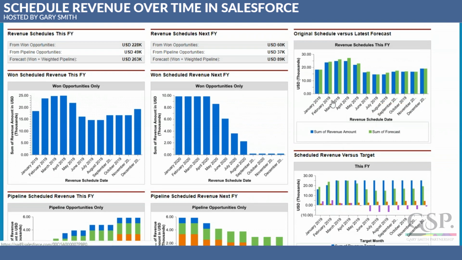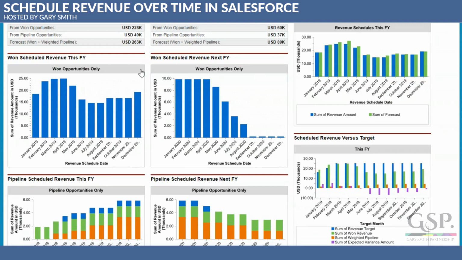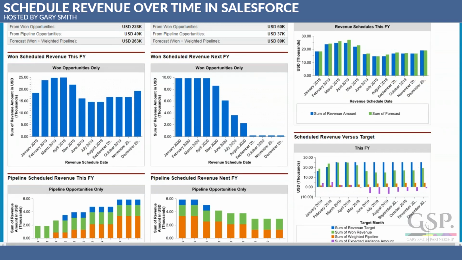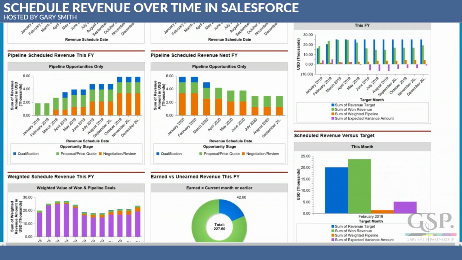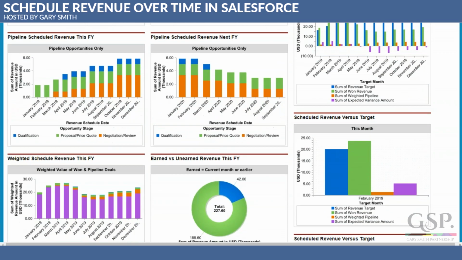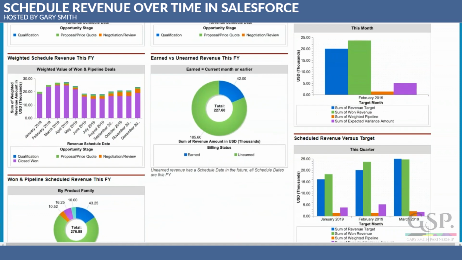We looked at the different ways to update the forecast and so on. Scheduled revenue won for this year, next year, you might want to see it by pipeline, by stage, and so on. You might want to look at it by product. So you can do all of that. We also, incidentally, have this earned versus unearned function on the revenue schedule.